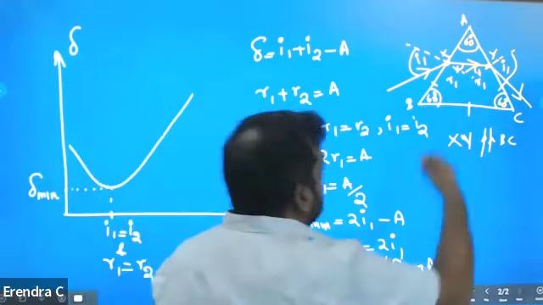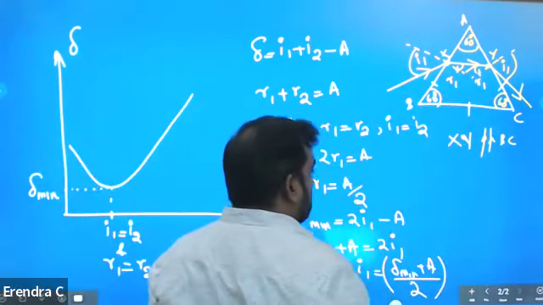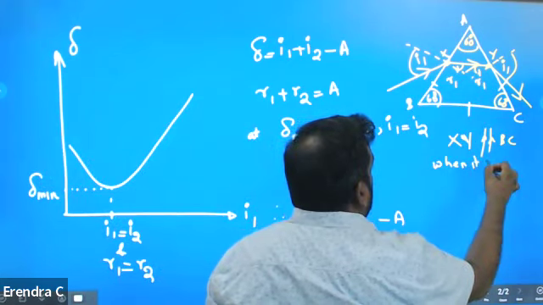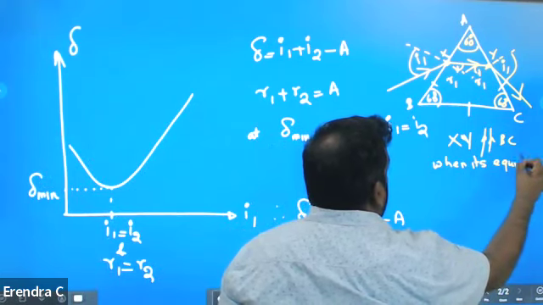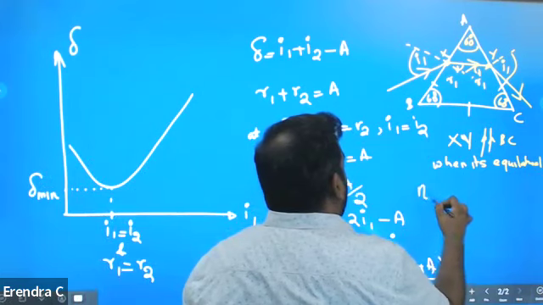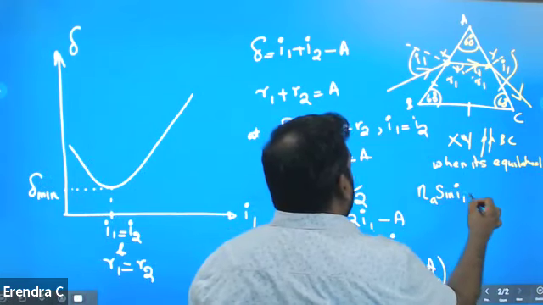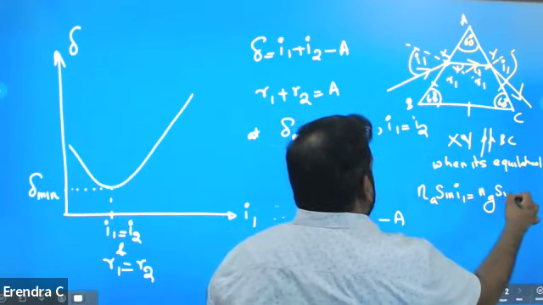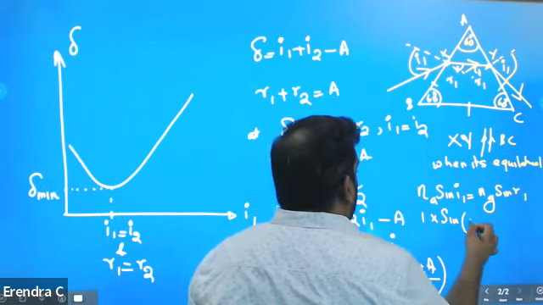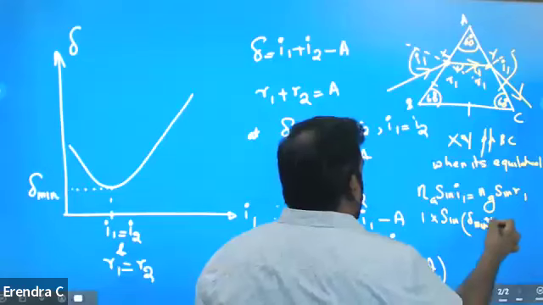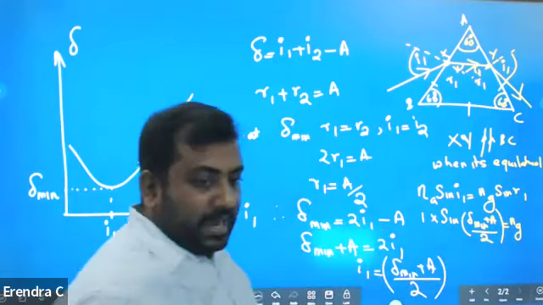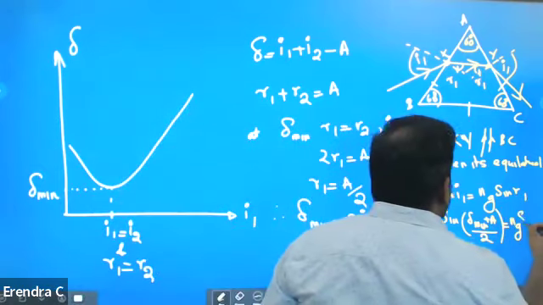If you write the relationship, when it's equilateral, you can say n_a sine I1 equals n_g sine R1. What is I1? (Delta minimum plus A) divided by 2. What is R1?